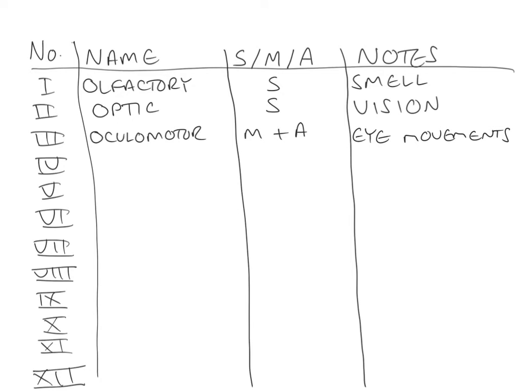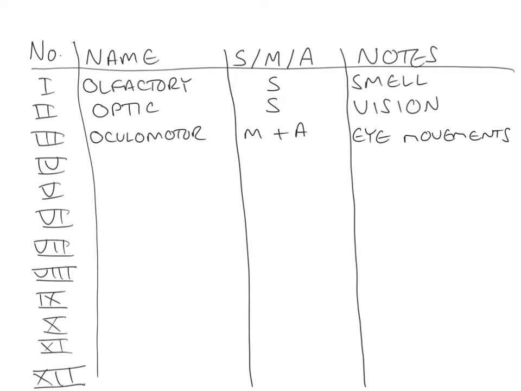Now, due to the fact that the oculomotor nerve only supplies a subset of the muscles which move the eye, if we have damage to the oculomotor nerve, this can lead to a very typical clinical sign where the eye is seen to look down and out. And you'll consider this in more detail later on.